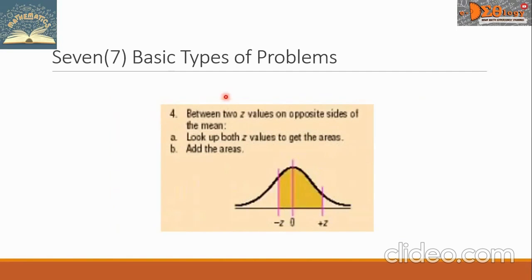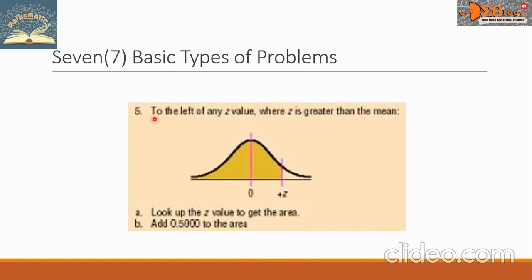Case 4, between two z values on opposite sides of the mean, as we can see in this figure. Look up both z values to get the areas, and then we add the areas.